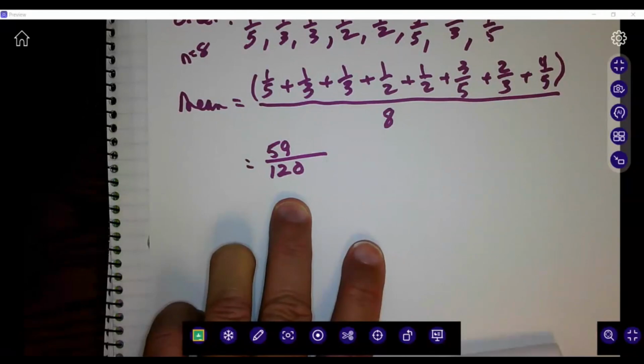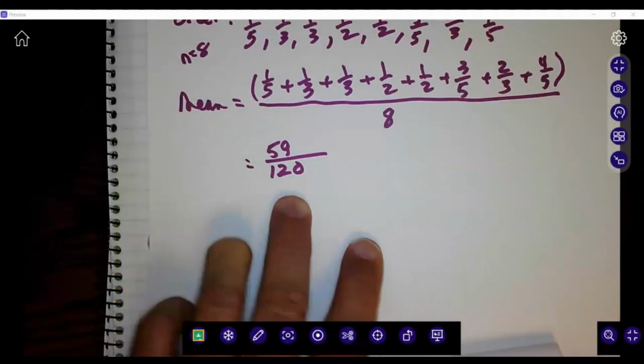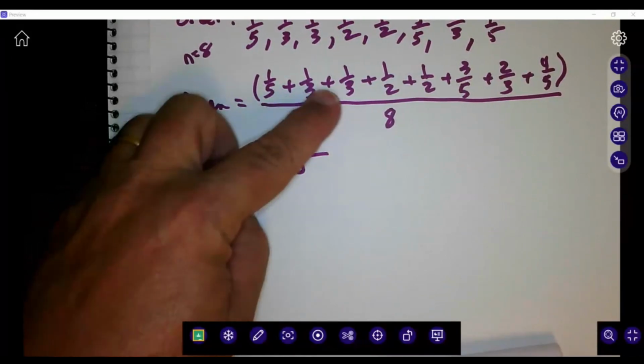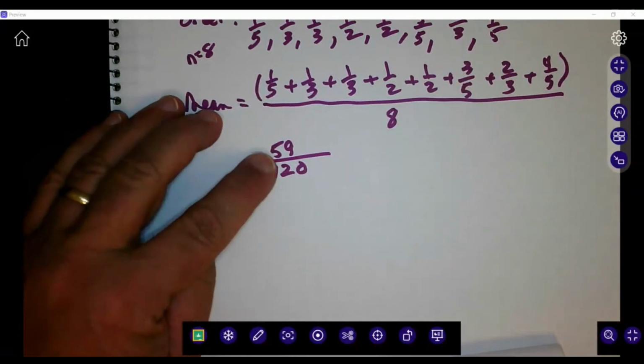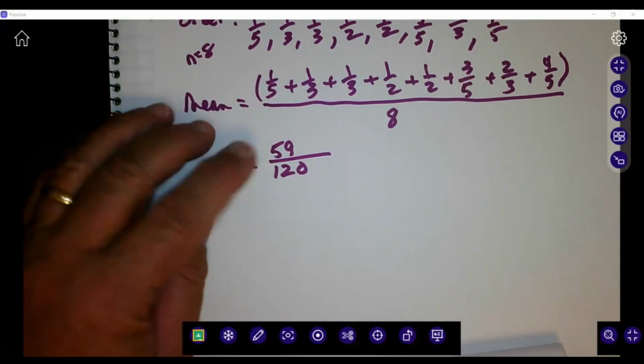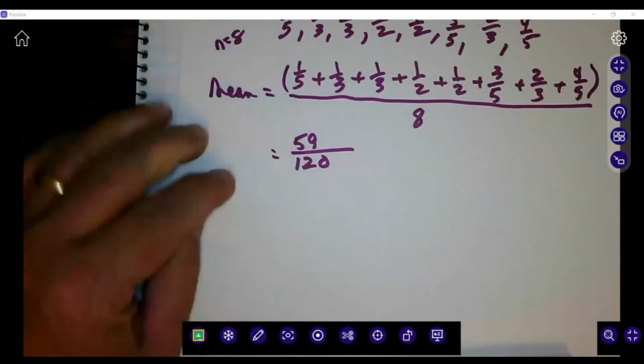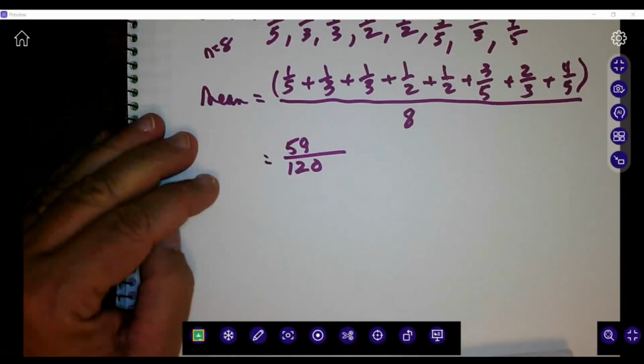Chances are. And if you have one of these on the GED, then changing that to decimal is probably not going to get you to the answer that they're going to have, because this is probably what they're going to have. Gotcha.